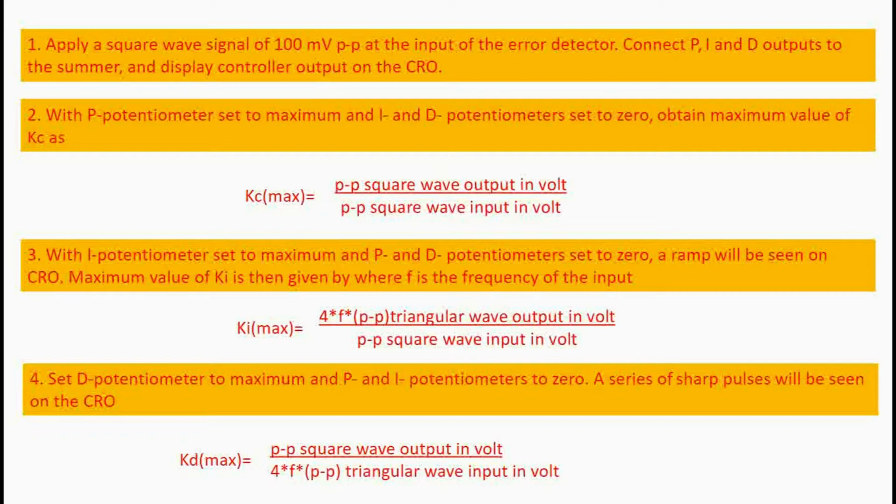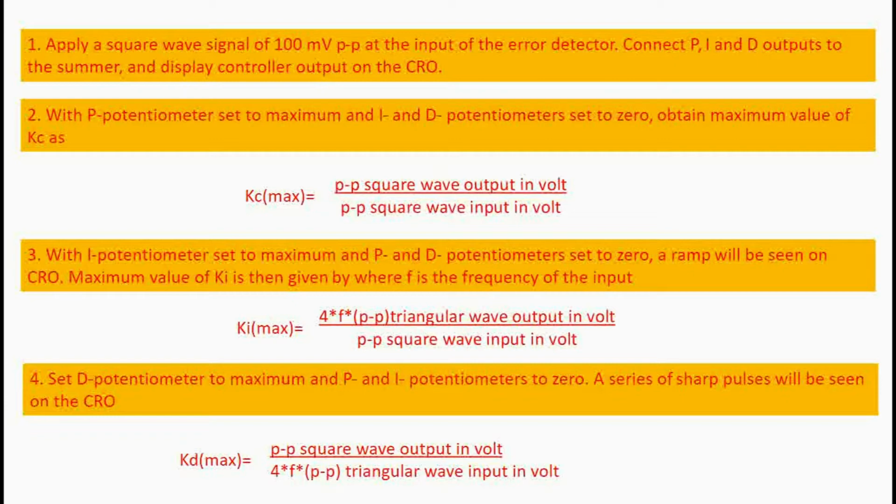Then we have to do the calibration of I potentiometer. For that we have to put the D and P potentiometer at 0 position and I potentiometer at maximum. In this case also we have to apply the 100 millivolt peak to peak square wave input.